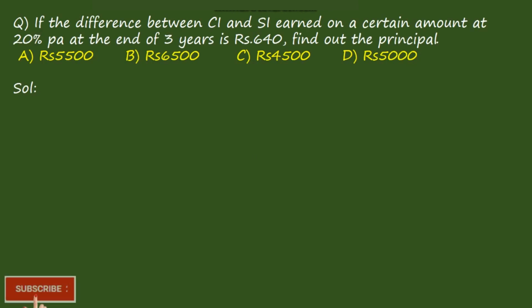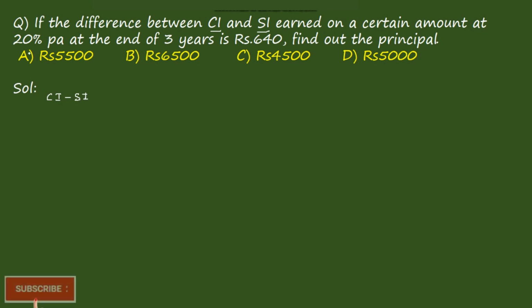Come to the next question. If the difference between the compound interest and simple interest on a certain amount at 20% per annum at the end of 3 years is 640, find out the principal. First, understand the question. They're saying the difference between compound interest and simple interest, so compound interest minus simple interest.